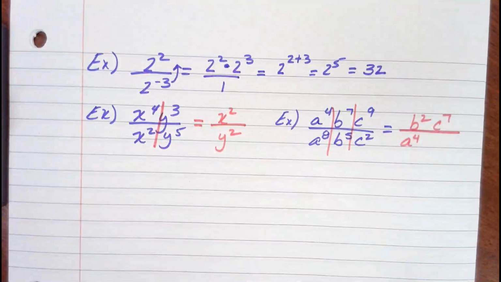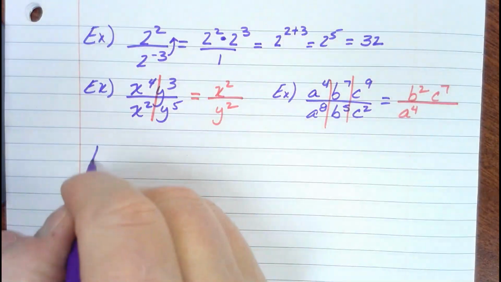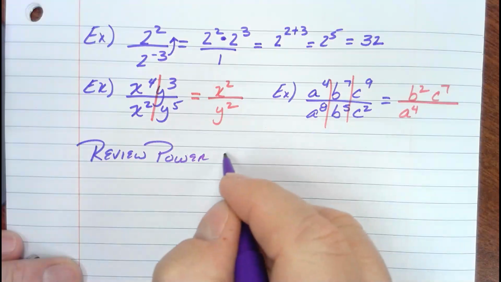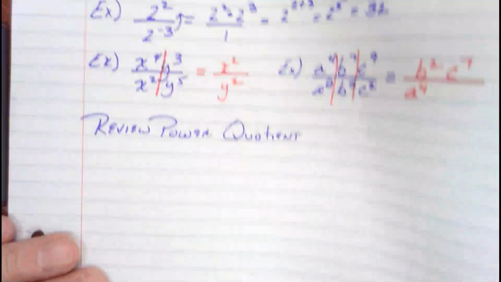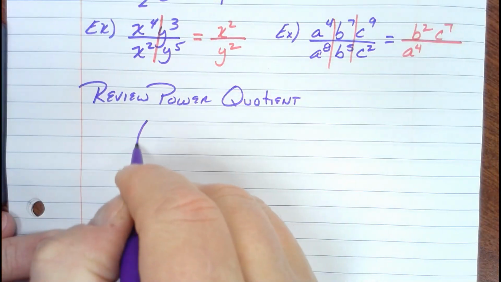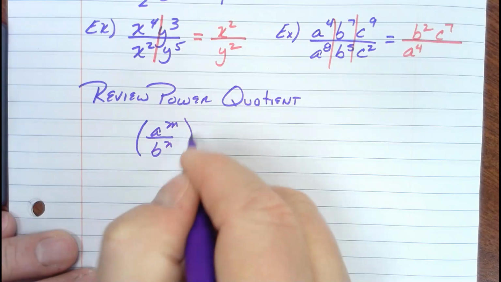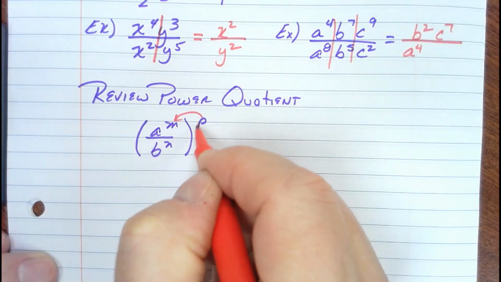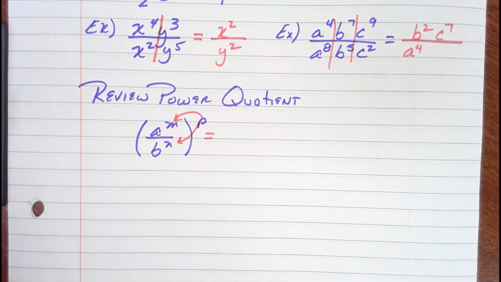All right, the next thing I want to do then is to review the power quotient. And I loop this together with the product quotient because it is the same thing. You're taking the exponent on the outside of the parentheses, and you are multiplying it, or distributing it, to each of the exponents on the inside of the parentheses.